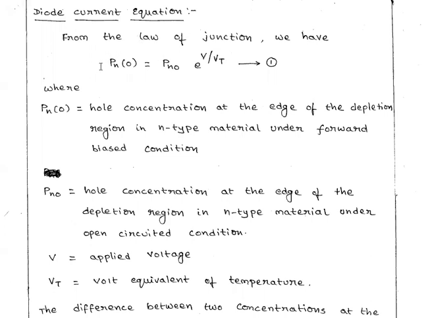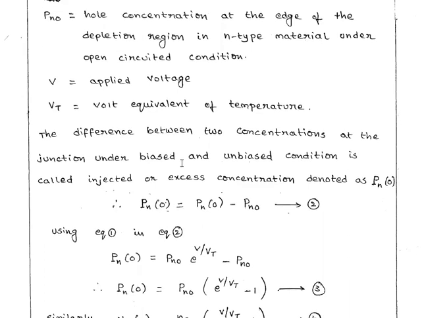From the law of the junction, we know that Pn(0), that means the hole concentration in the n side of the depletion region at 0 distance, is equal to Pn0, that is the hole concentration in the n side region at open circuit condition, into e power V by Vt, where V is the applied voltage and Vt is the voltage equivalent of the temperature.